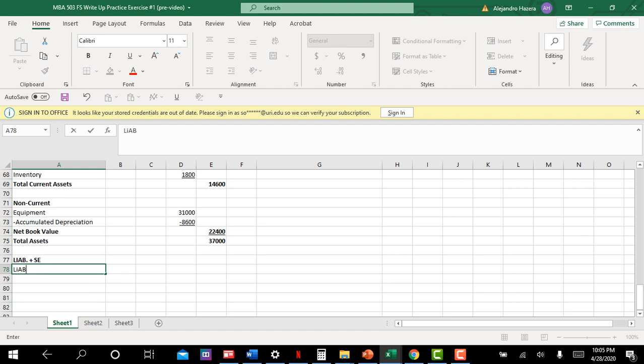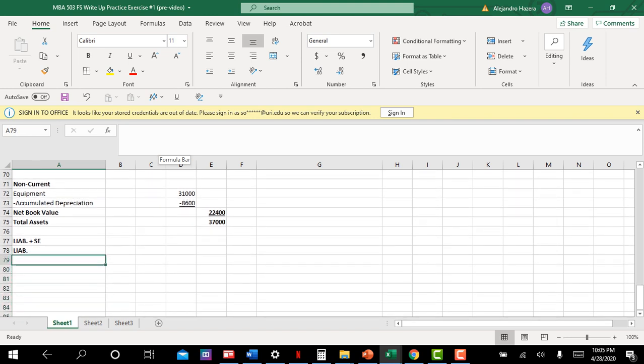Okay, so your liabilities are subtotal here, and I'm actually going to put in current liabilities, and I think in this example we don't have any non-current liabilities. So your current liabilities, if I'm looking at this right, should be equal to your total liabilities because there's no non-current here.